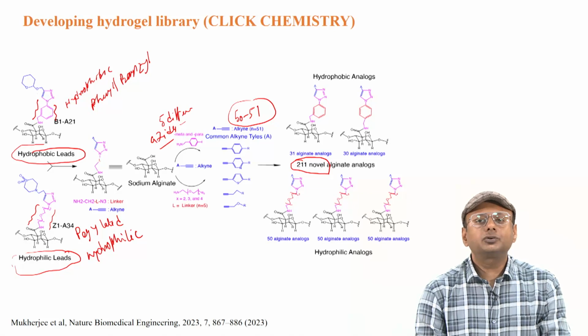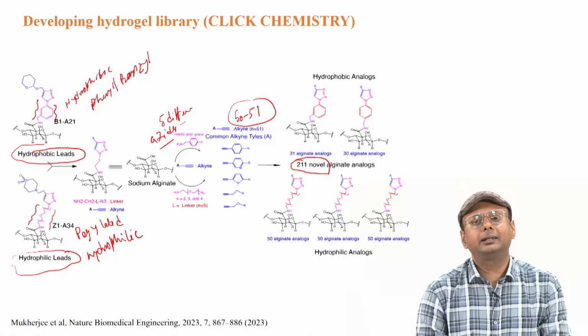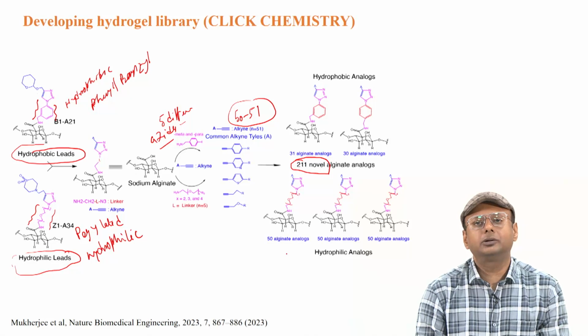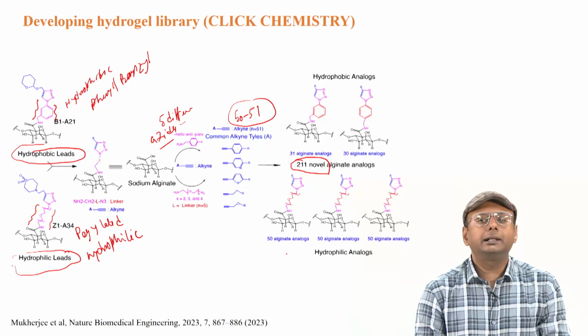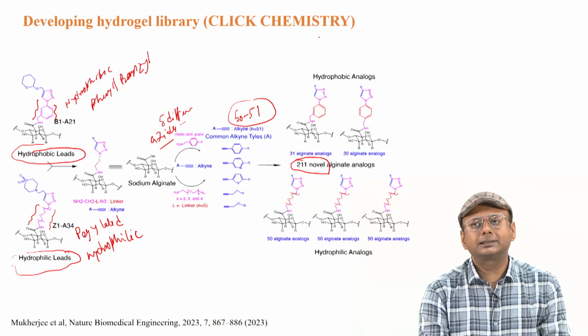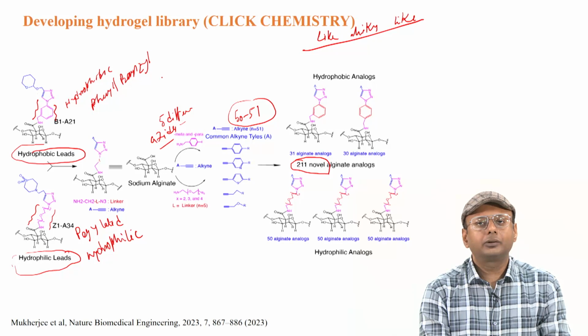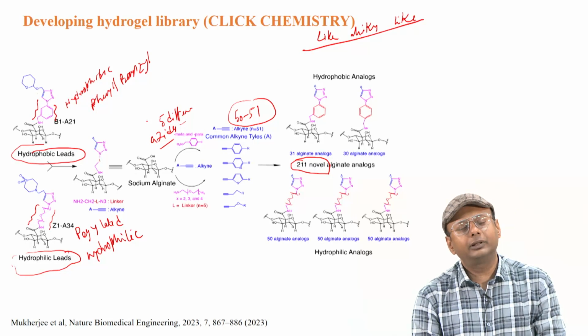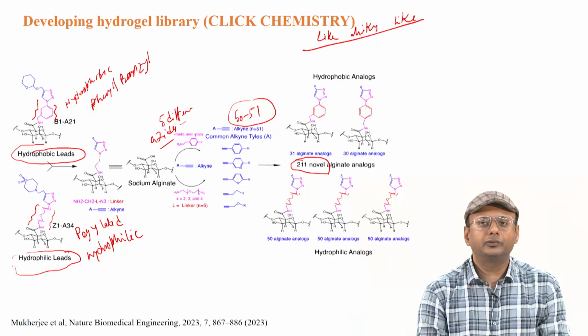But in case we want to use this small molecule for a hydrophobic system, for example a plastic type of system or silicone type of system, we mostly need a hydrophobic type of coating. So just remember this: like likes like, okay. Hydrophilic will suit a hydrophilic system, hydrophobic will suit a hydrophobic system.